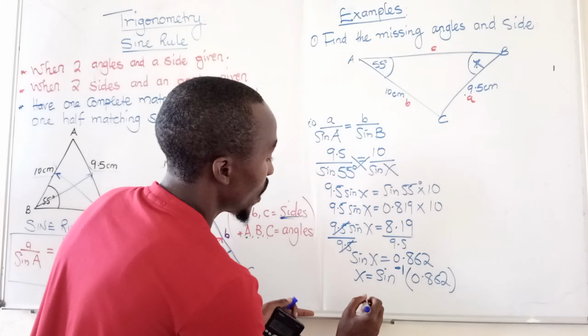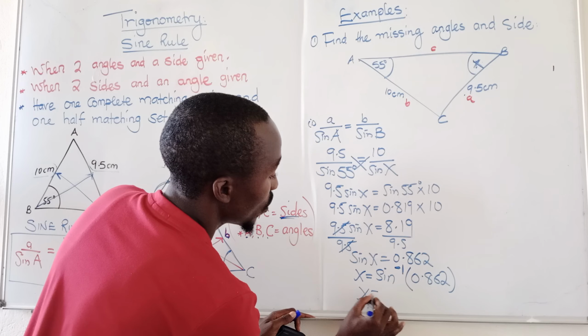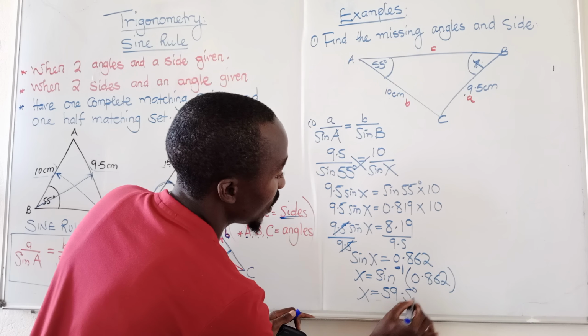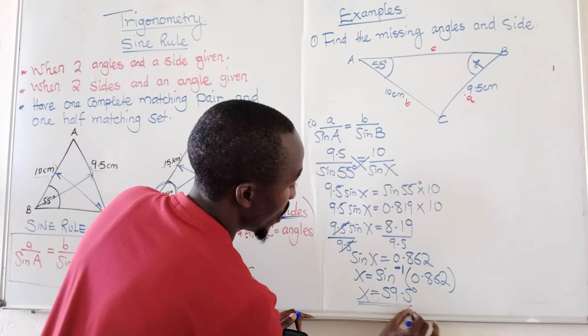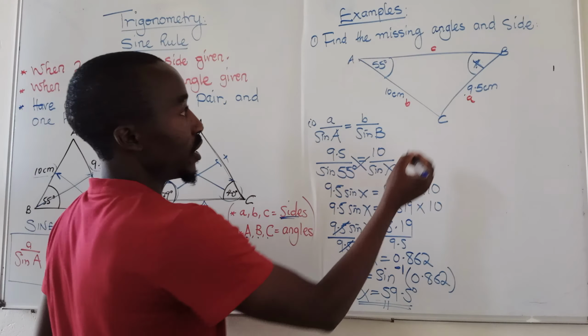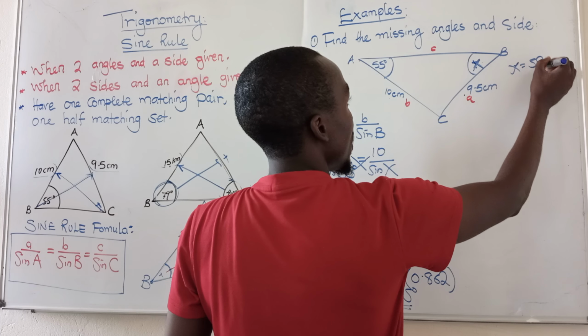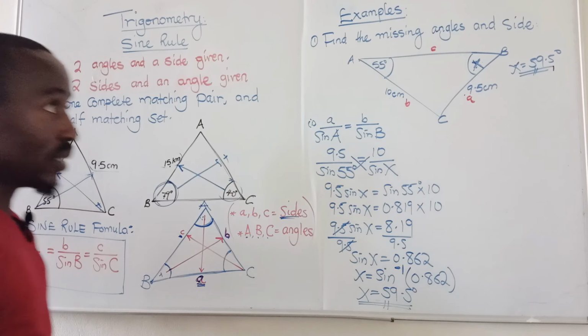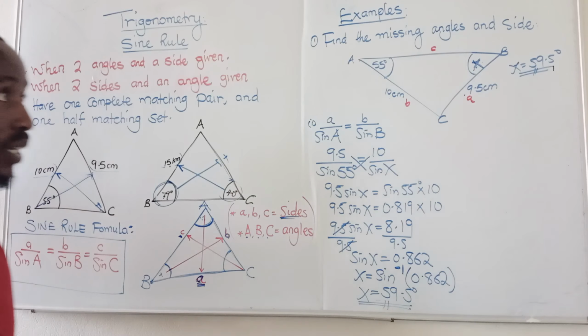So therefore our angle is 59.5 degrees. So X, the angle there, is 59.5 degrees. That is our angle there.